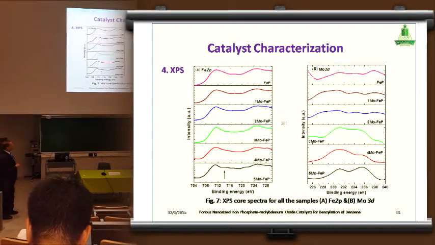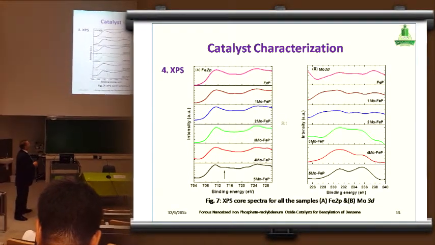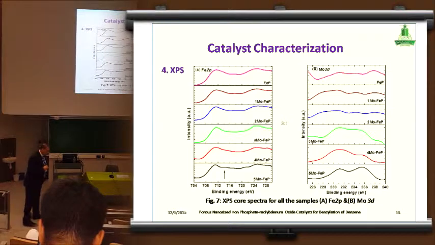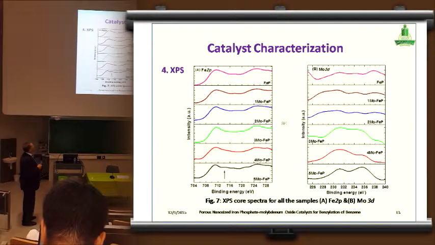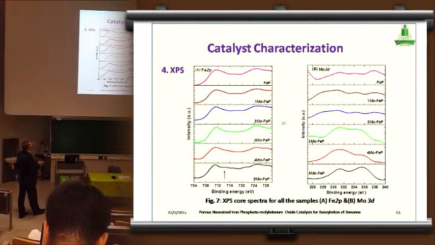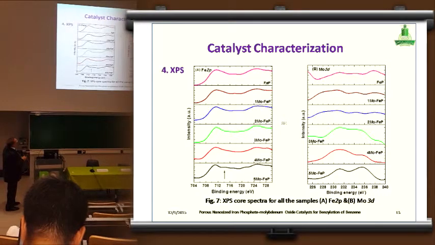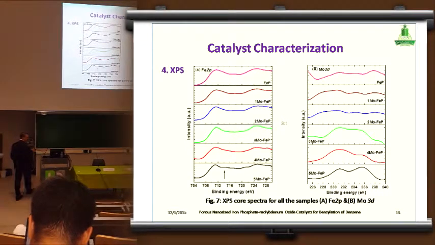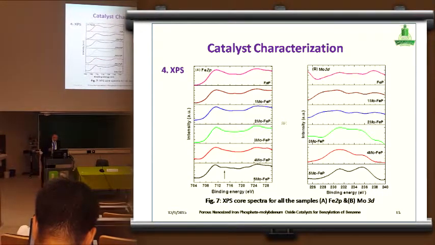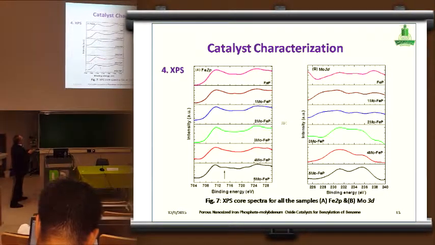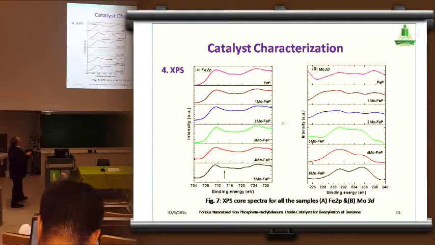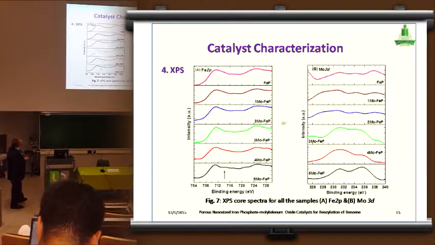Further characterization using X-ray photoelectron spectroscopy and deconvolution of the data. So you can see from the Fe 2p deconvolution that iron phosphate itself has a peak at around 714 electron volts. Here with molybdenum, 714.